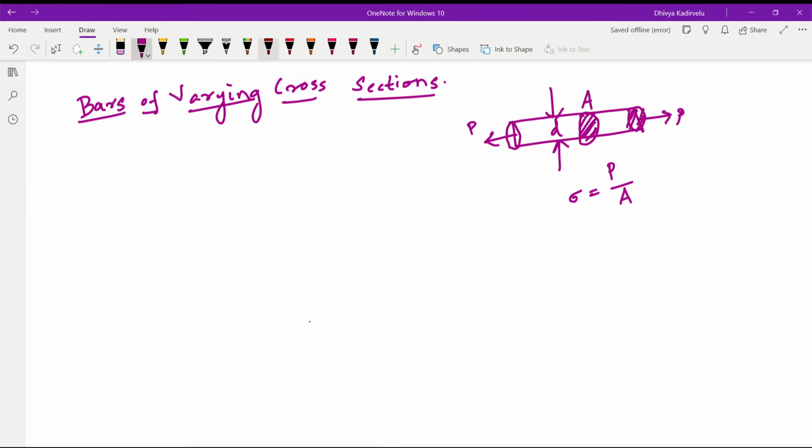Suppose we have some bar like this, and we have another bar, and another bar like this, and we have one more bar which is even smaller in section than this.